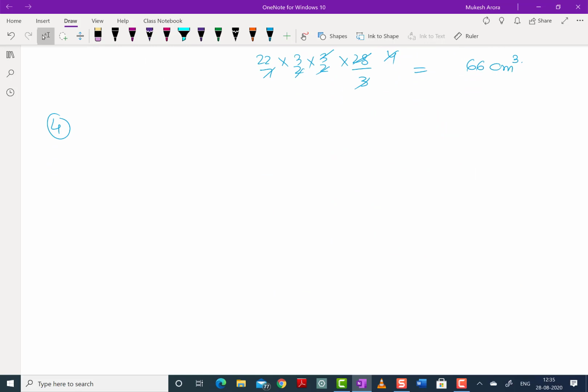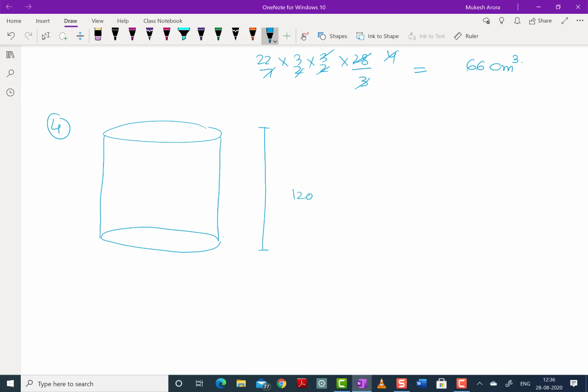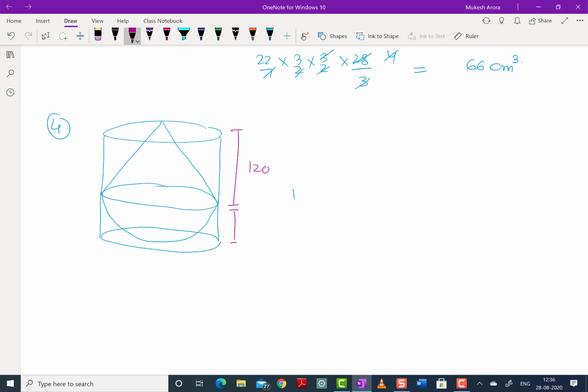A solid consists of a right circular cone of height 120 and radius 60, standing on a hemisphere. So the height of the cone is 120, and the radius is 60, which is also the radius of the hemisphere.